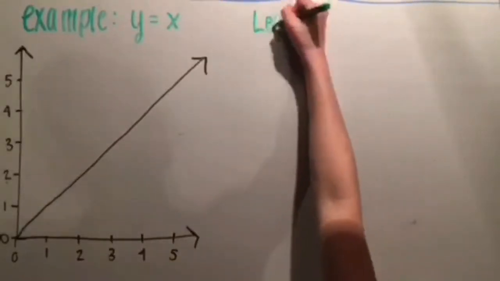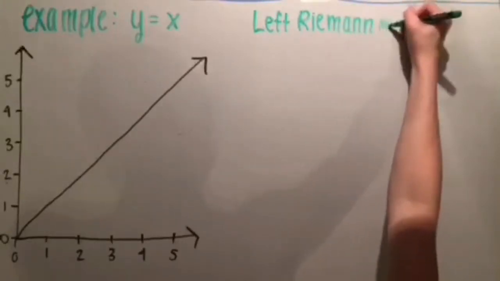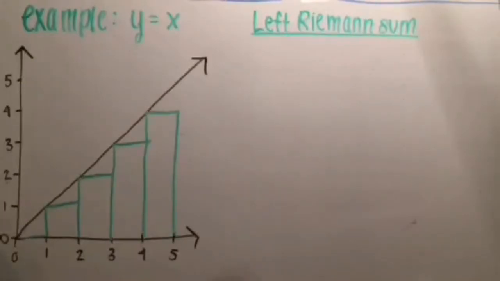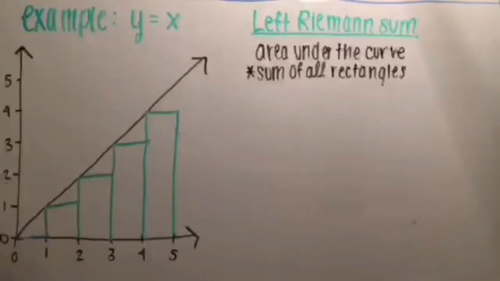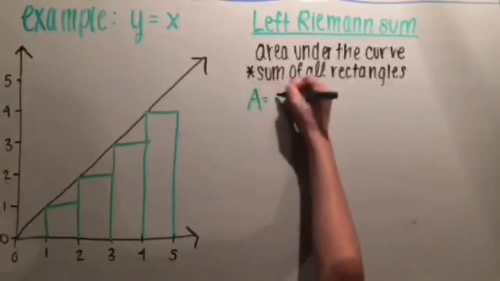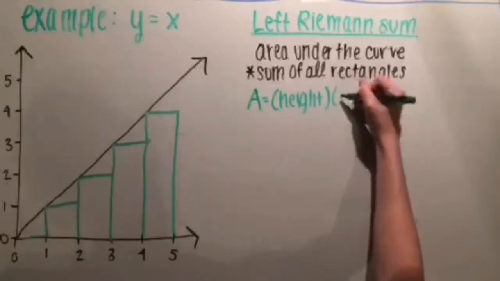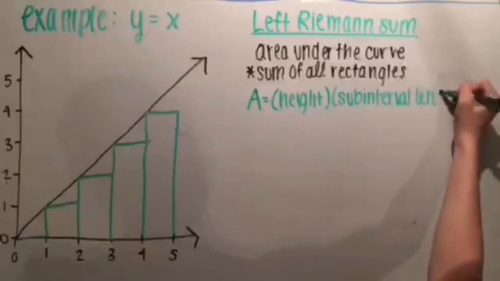The example problem we chose to use was the equation y equals x to properly show how an overestimate and an underestimate are different. To find a left Riemann sum, it is just the combined areas of all the rectangles that are created, and the area of just one of those rectangles is the height of that left point multiplied by the subinterval length.